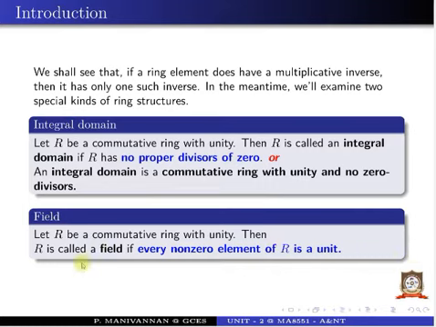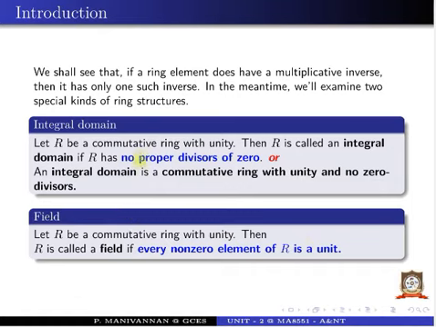So in a field, (R, +) is abelian and (R, ·) is also abelian, and the distributive laws are satisfied.